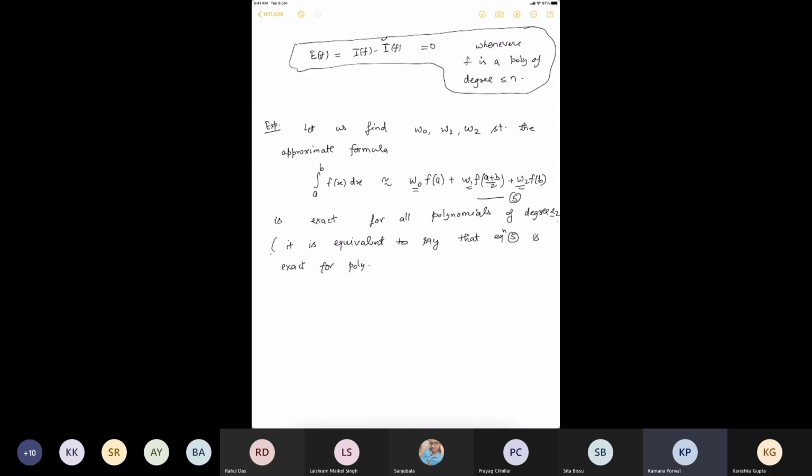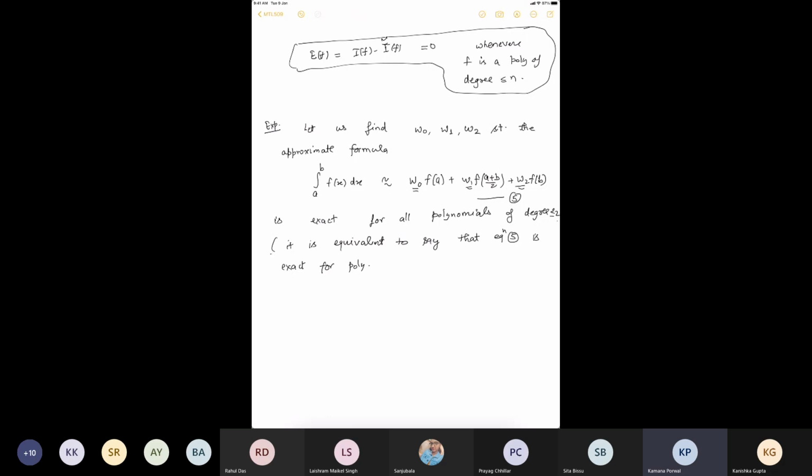So can you tell me which polynomial I should test it with? Okay, we can test it with just the basis polynomials, right? For P2 we know that there's a basis. So if we just test this rule for the basis polynomials, and if it is exact for them, it is going to be exact for any general polynomial, right?